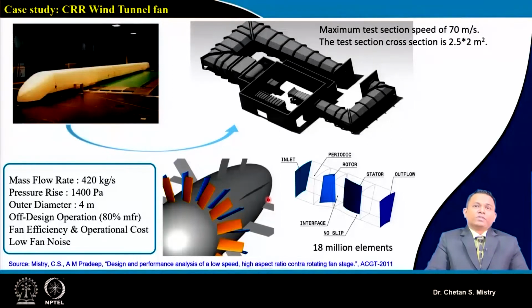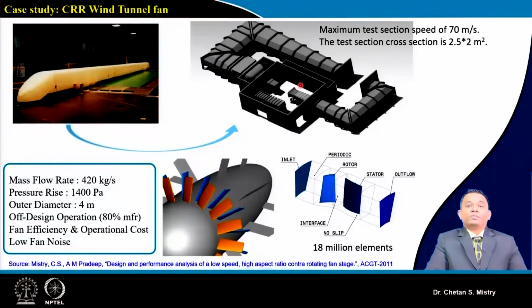This is the case study we discussed in our week 11, for the design of a wind tunnel fan. We already discussed this at the IIT Kharagpur Center for Reliability Research. We are developing this closed loop wind tunnel.